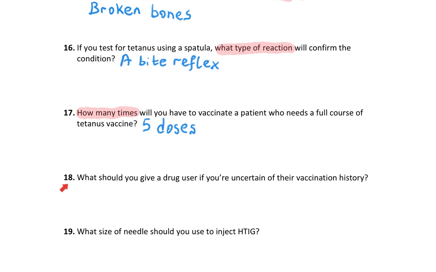Question number 18. What should you give a drug user if you are uncertain of their vaccination history? So we are looking for what you can give to a drug user, okay? So we are still talking about vaccination history.